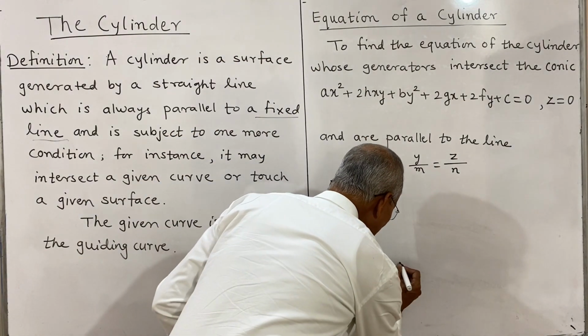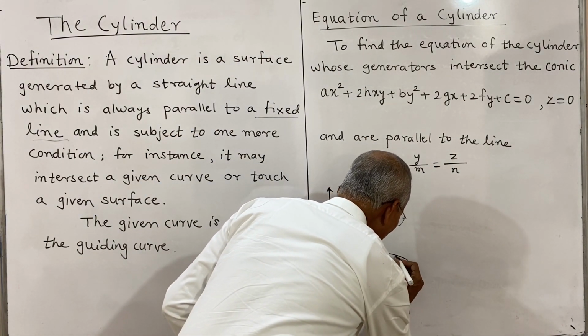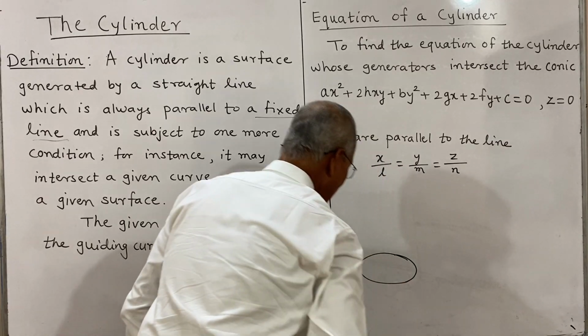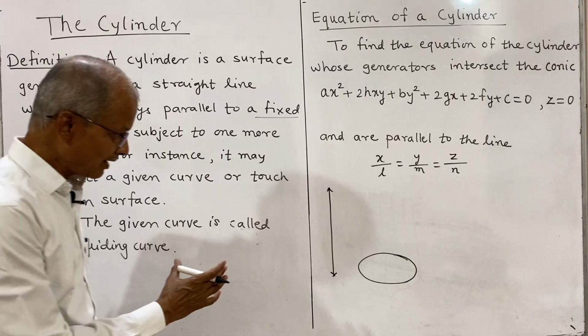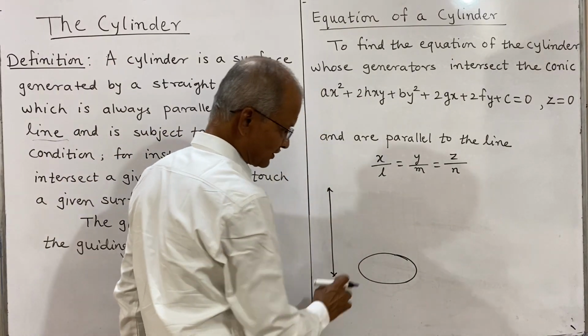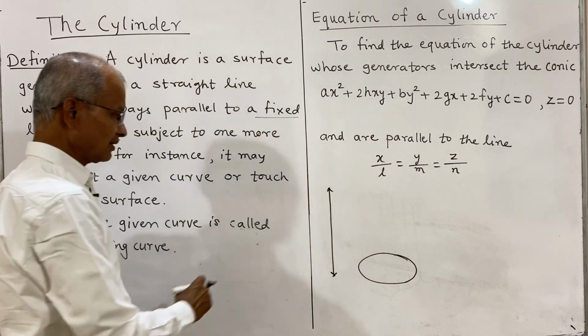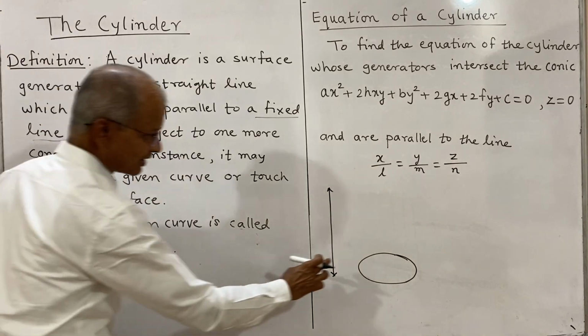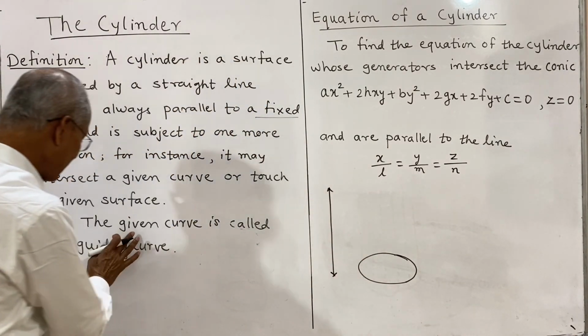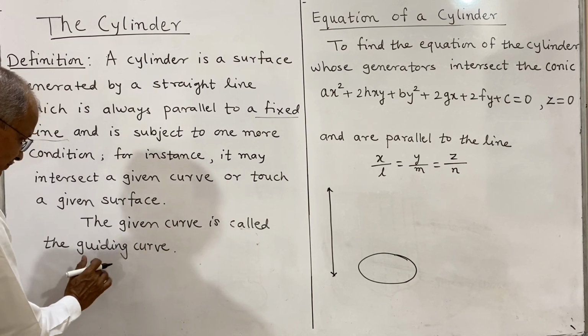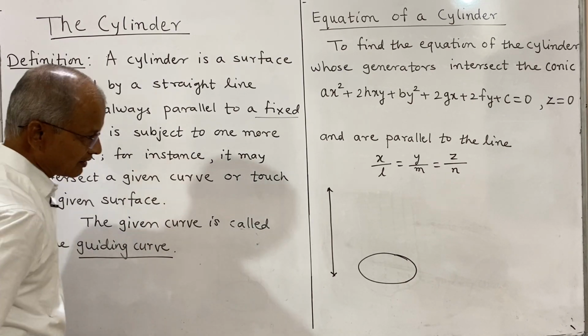Now if I consider a shape of this type, an ellipse, we will consider the surface generated by lines which touch this ellipse or intersect the ellipse that we have considered here. It is not fixed, it may be an ellipse or any conic, and that is called the guiding curve of the cylinder.